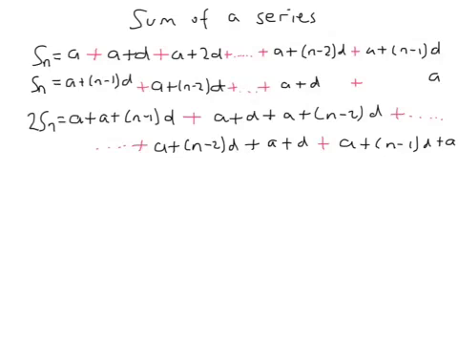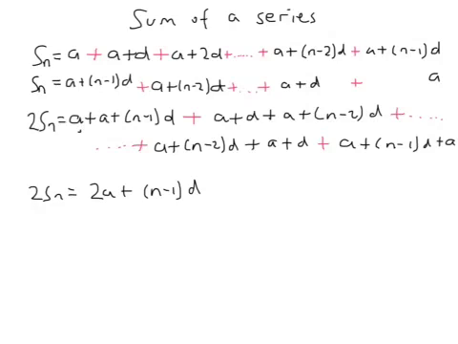Looks a bit of a mess, but very quickly we can simplify things. If you look carefully at this, A plus A, that's 2A. So 2Sn is 2A plus (n minus 1)D. Now let's look at the next term.